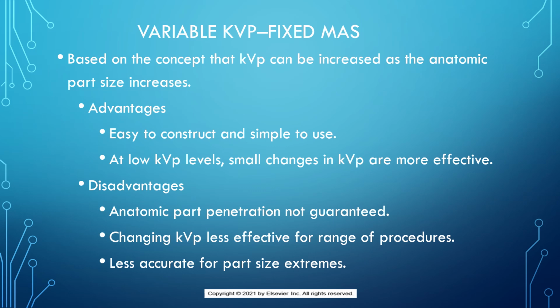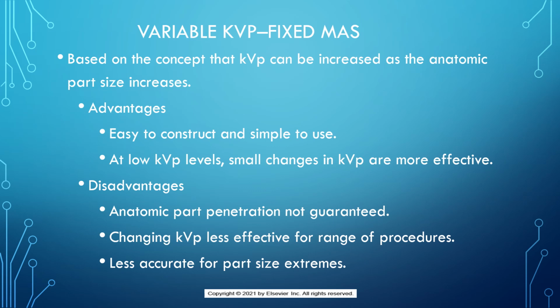The problem is if you're not an experienced technologist and you're developing KVPs and you're scaling KVP down, you can scale down too far. So everyone knows you can shoot a finger at like 50 kVp, okay? But in this strategy, you would be able to scale down a pelvis or an abdomen X-ray if your patient was small enough to 50 kVp.